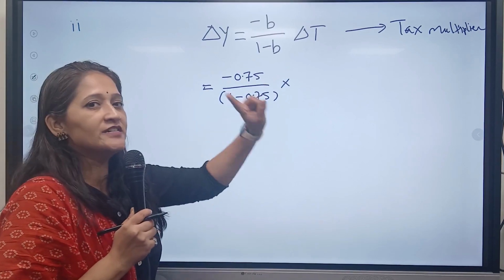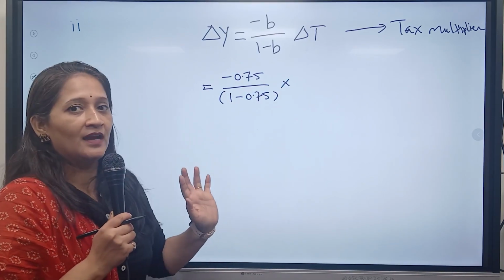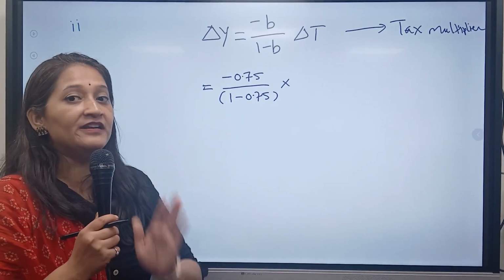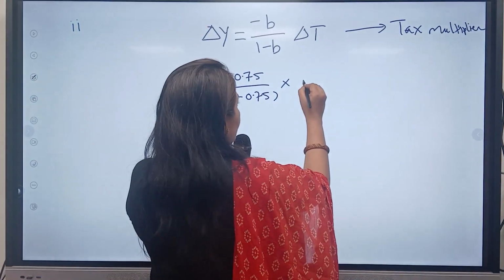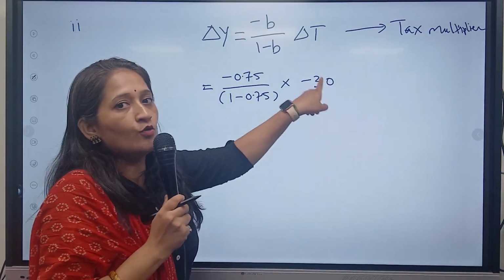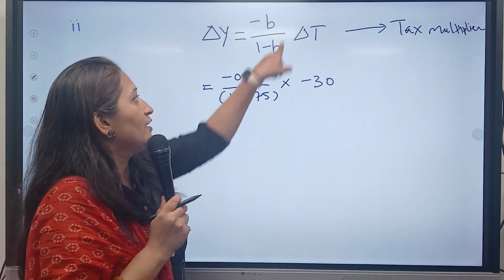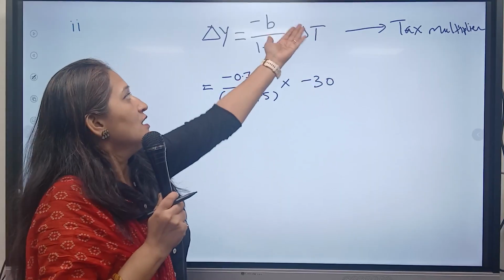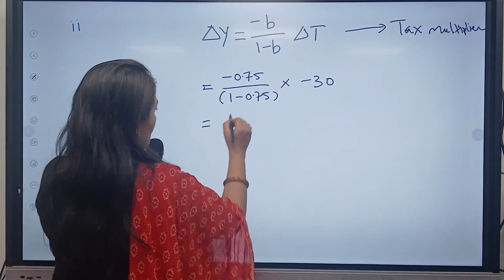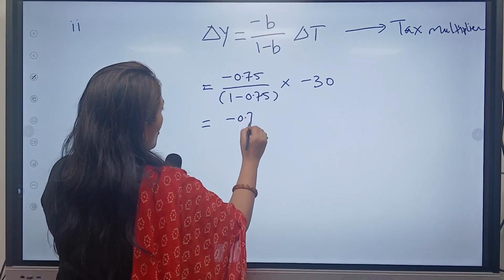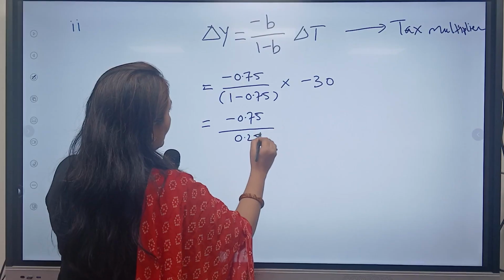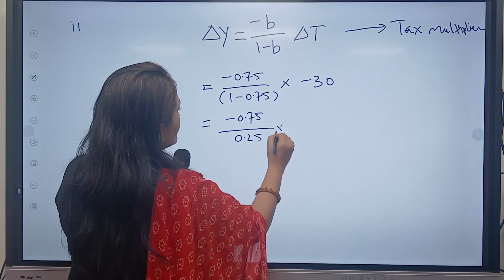That means change in tax is being given and it has been reduced. Since tax has reduced, obviously it will have a negative value. So we'll write minus 30, as 30 crore rupees tax has been reduced. So minus 30 will be the value for delta T. Now let's solve this. This is minus 0.75 upon 0.25 into minus 30.